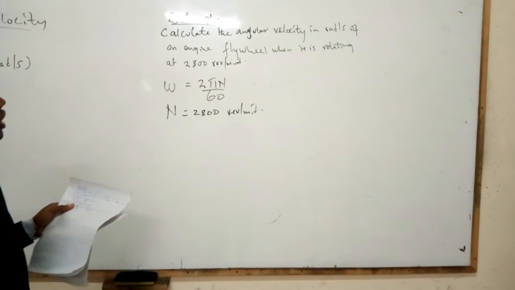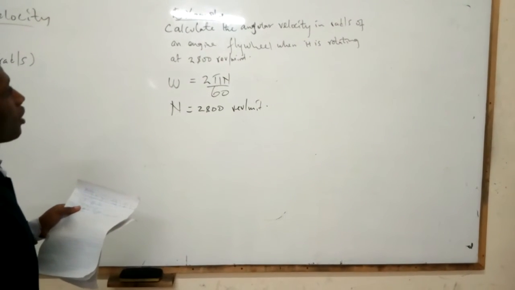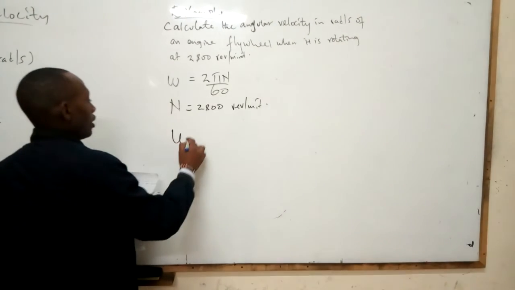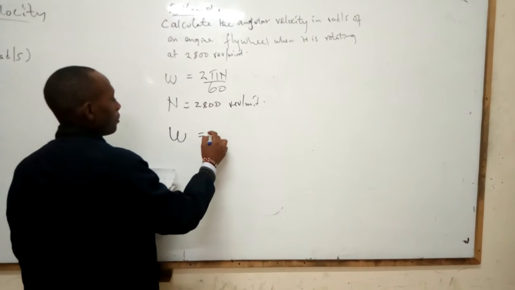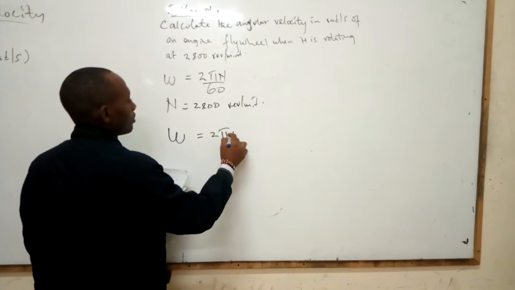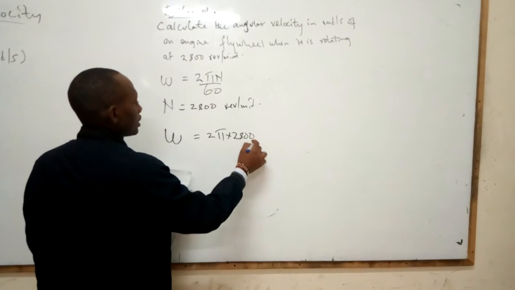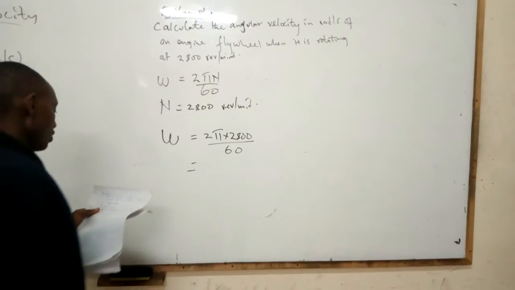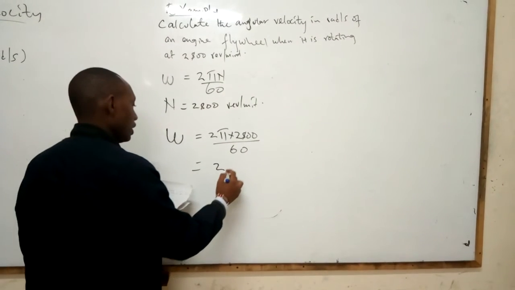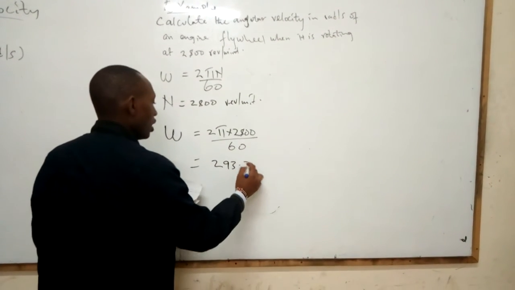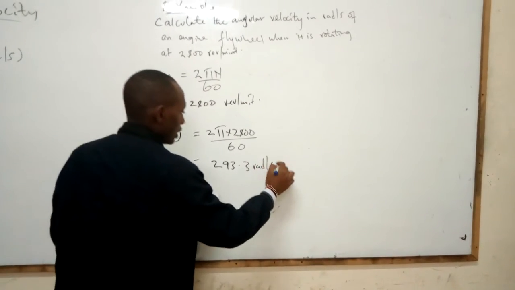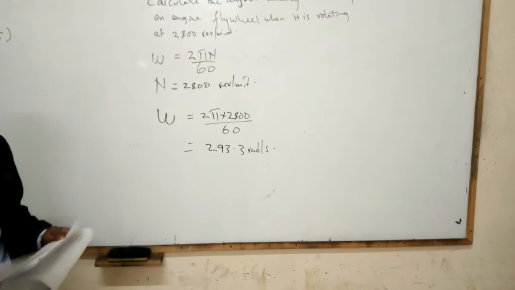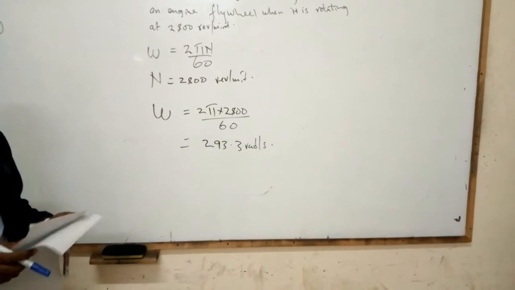So angular velocity omega is given by 2 pi times 2800 divided by 60. You get your angular velocity to be 293.3 radians per second.